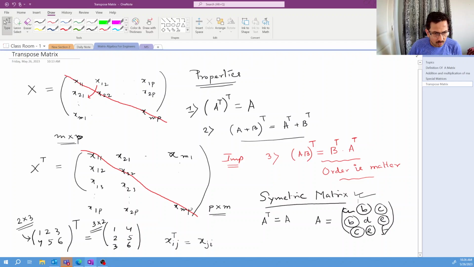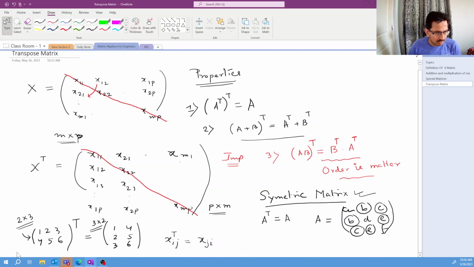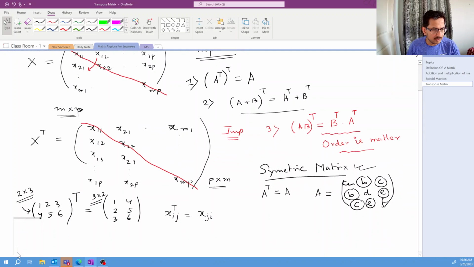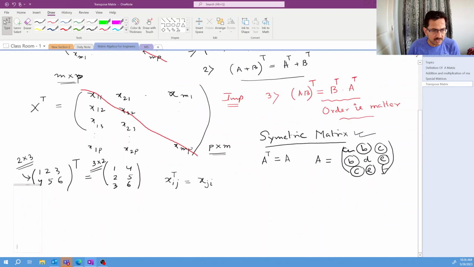One last thing which I want to cover in today's video, then it will be complete about the properties, is called the skew symmetric matrix.